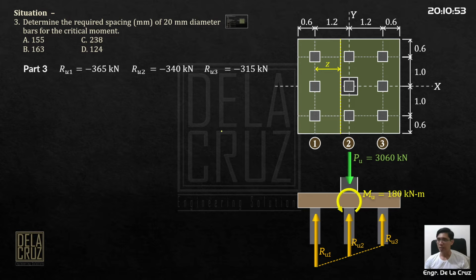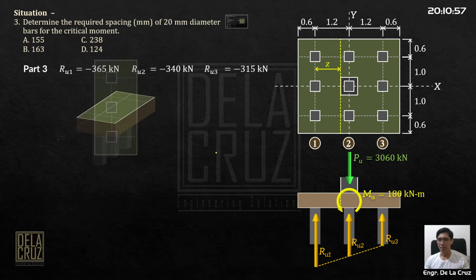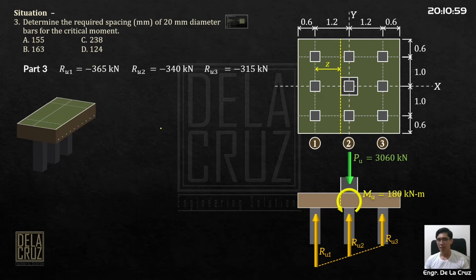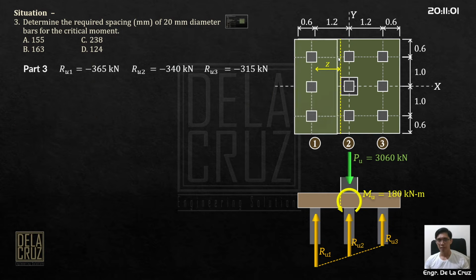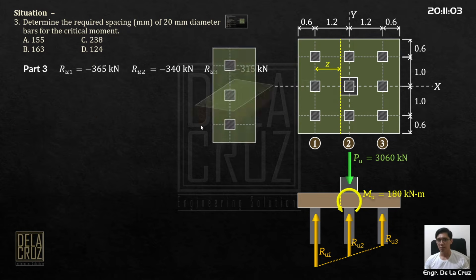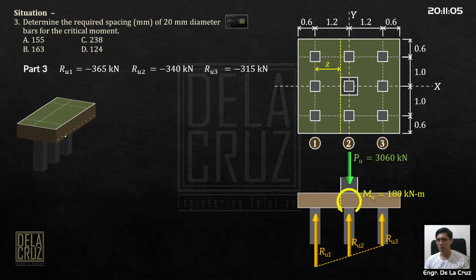Tingnan natin siya in 3D. So, yan. Okay, ganito yan ha. So, bale, ito yung nakatayong portion. These are the bars. 400 mm. RU1 lahat.